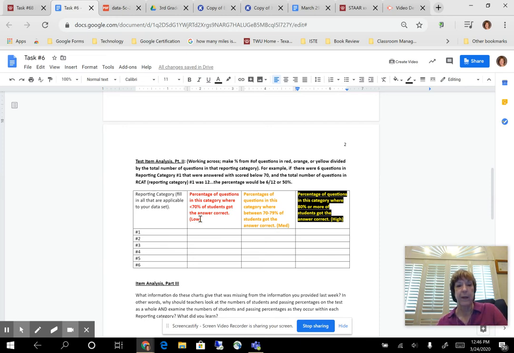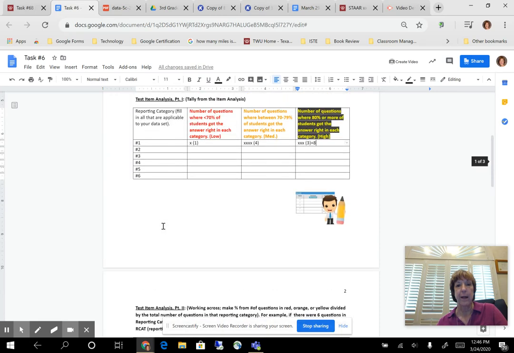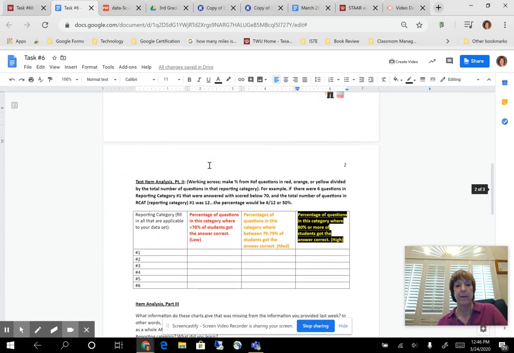So here we go. In my number one, in the red, I had one question out of 8 total. So that means I'm going to go down here and I'm going to put 1 out of 8. And because I can't do math in my head, I use my trusty calculator that's always on my phone.